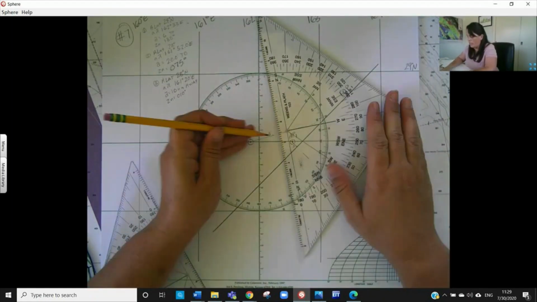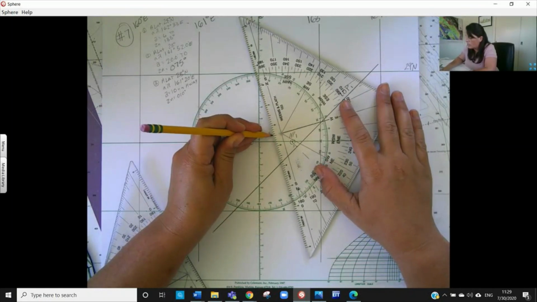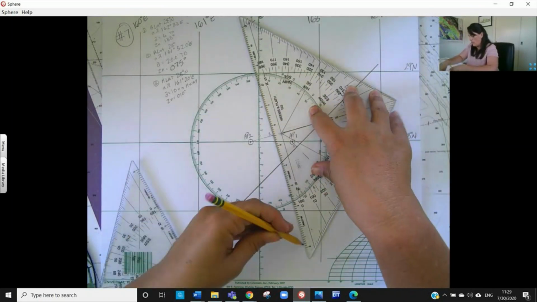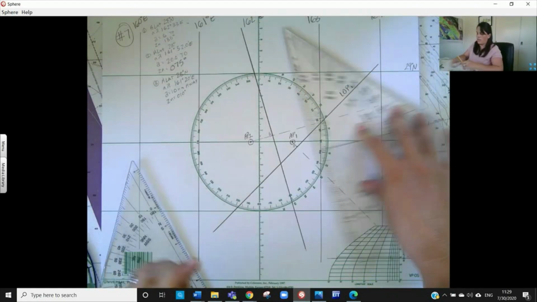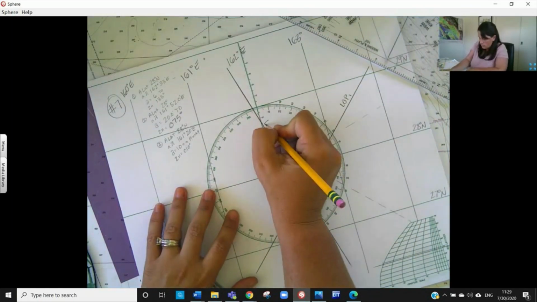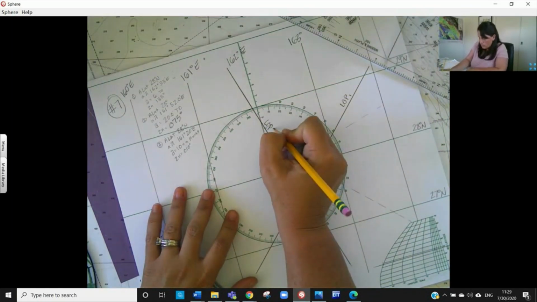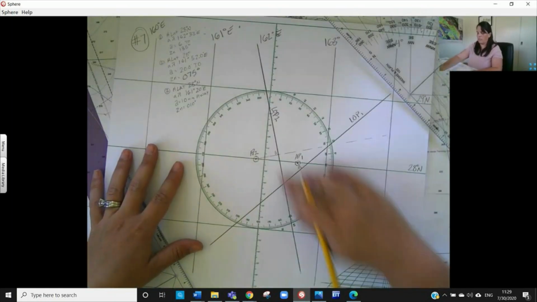Put in a perpendicular line to the azimuth line. And this is my LOP for number 2. So I have an LOP for number 1 and an LOP for number 2.